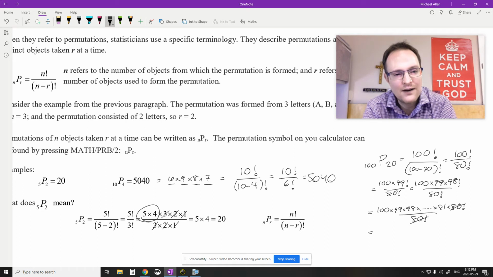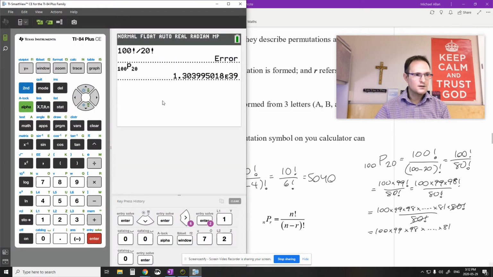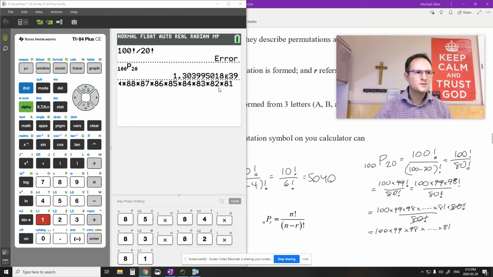So what I would have to do to calculate this without using the P button is to type all of this all the way down to just 81 and stop. Now you could do that, it's going to be a lot of work. You can go 100 times 99 times 98 times 97 times 81.